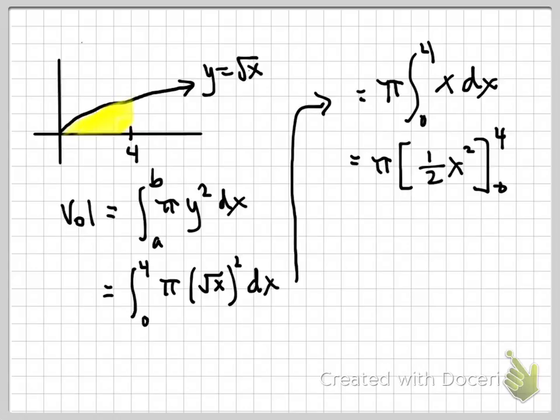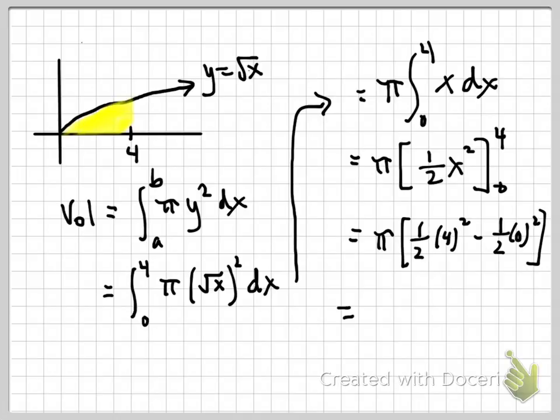And so finally we would plug in, and we would see that it would be pi times 1/2 of 4 squared minus 1/2 of 0 squared. 4 squared is 16.